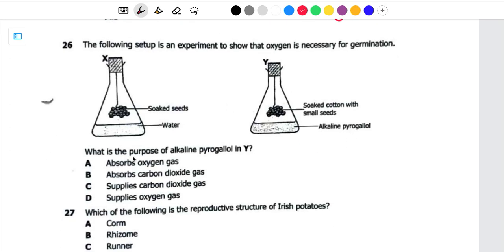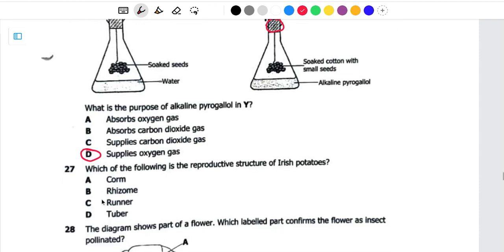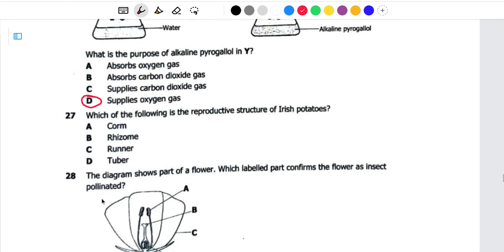What is the purpose of alkaline pyrogallol in Y? As you can see here, there is a stopper which is preventing the entering of oxygen. So to show that oxygen is necessary, this alkaline pyrogallol has to release or supply oxygen. So meaning to say alkaline pyrogallol is supplying oxygen gas.